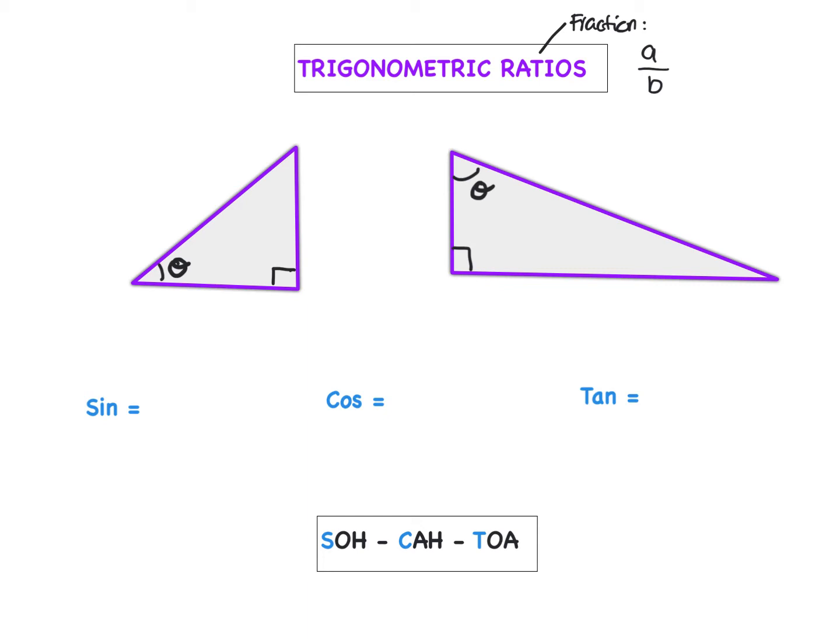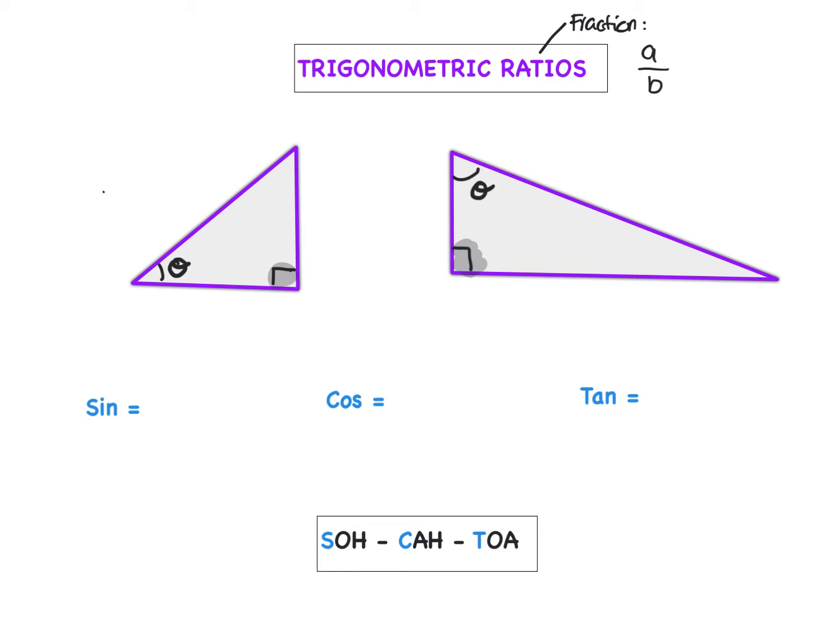When we use these trigonometric ratios, we use them on a right-angled triangle. The right angle will be indicated by that little square in there, or they will tell you that it's a right-angled triangle.